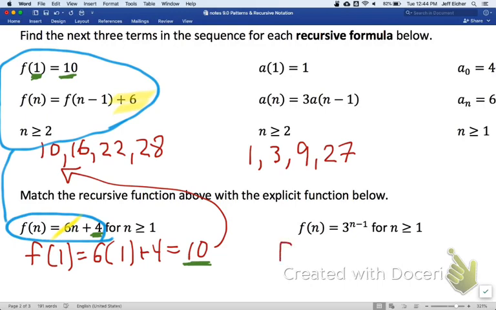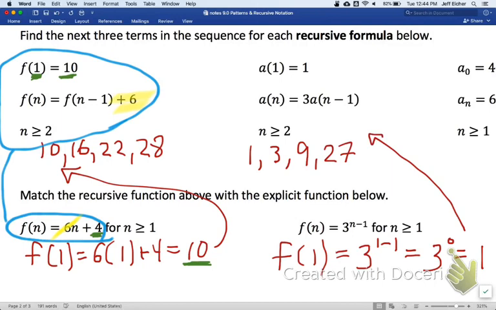And then if we try to do f of 1 for this one, f of 1 would be 3 raised to the 1 minus 1. That's 3 to the 0, which is 1. So this looks like it's probably going to match. Let's just do one more just to make sure. F of 2, the second term, is going to be 3 to the 2 minus 1.